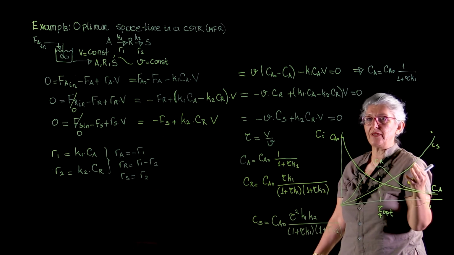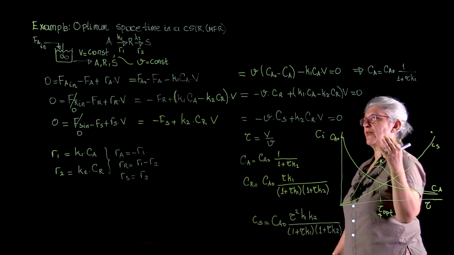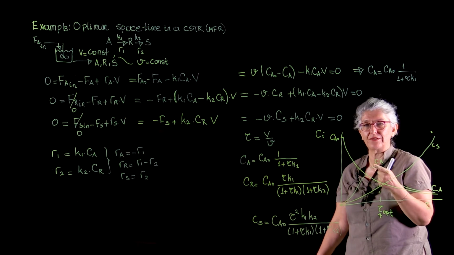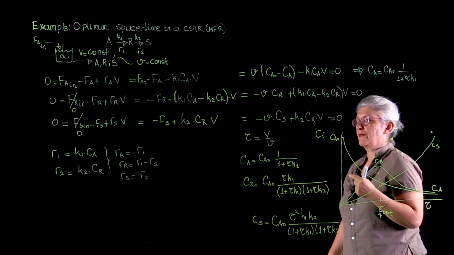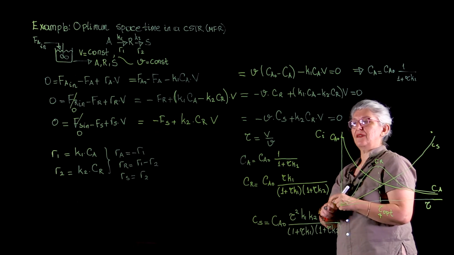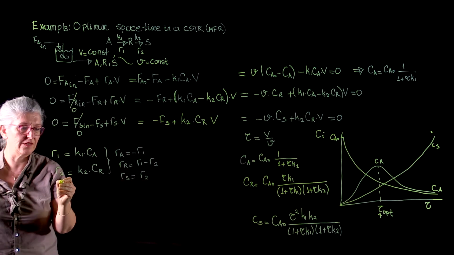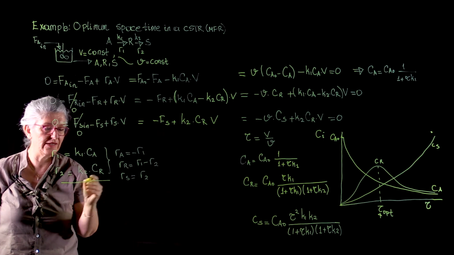I don't have to optimize this reactor. I can use any reactor, but now I am going to use a separation technology to remove R. So let us also mention those tricks or tools of the trade.